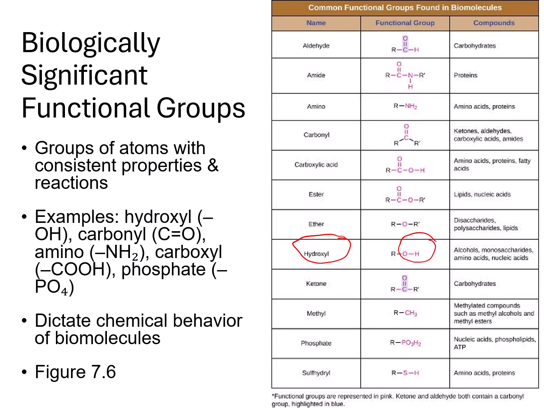We have carbonyl, which is C double bonded to O. We have carboxyl, carboxylic acid, as shown here, which is kind of a combination of both carbonyl and hydroxyl. Amino, we're going to see amino groups in our amino acids. Carboxyl groups are also in our amino acids. And phosphate groups, you've probably also seen in your previous classes. These groups give molecules their chemical reactivity.